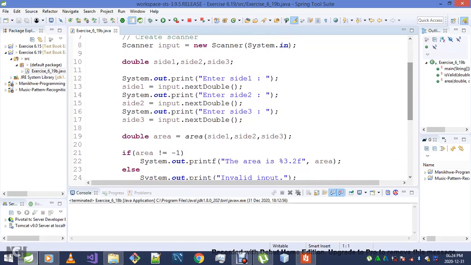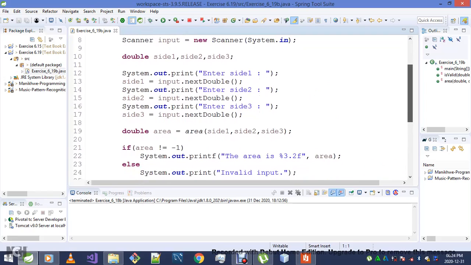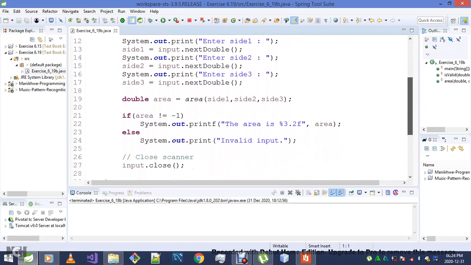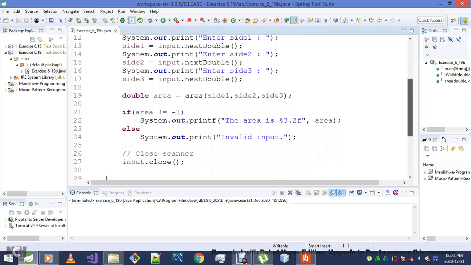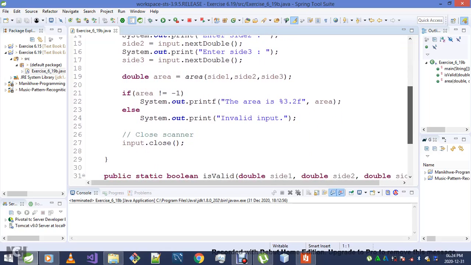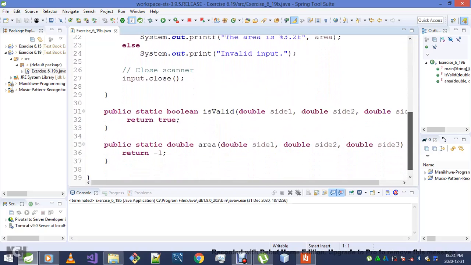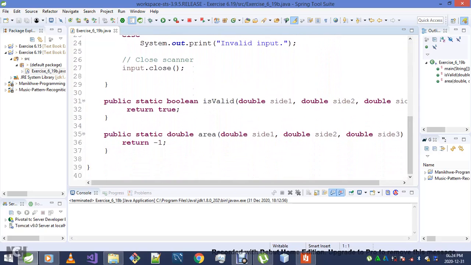As you can see, I've already created a portion of the code. I'm retrieving user input here and then displaying the results. The core of this exercise is right here.